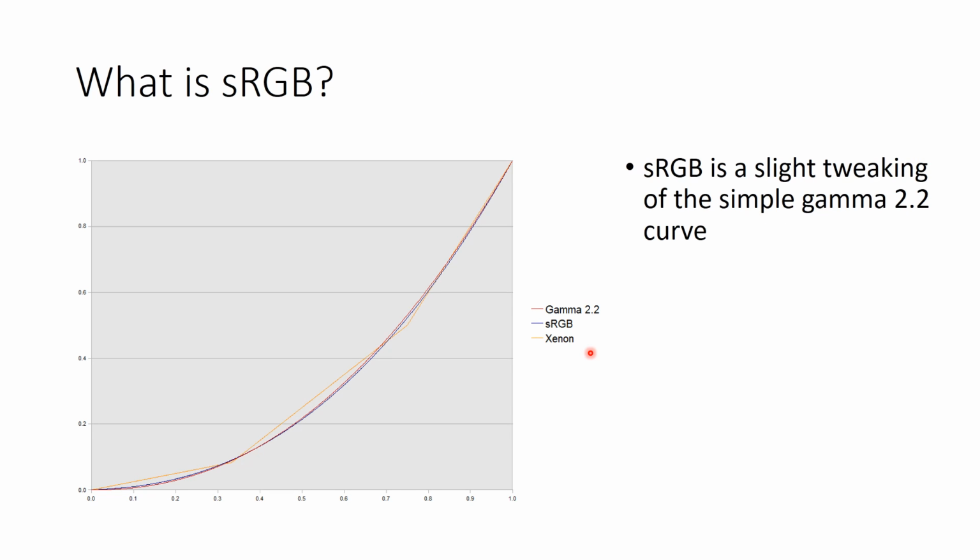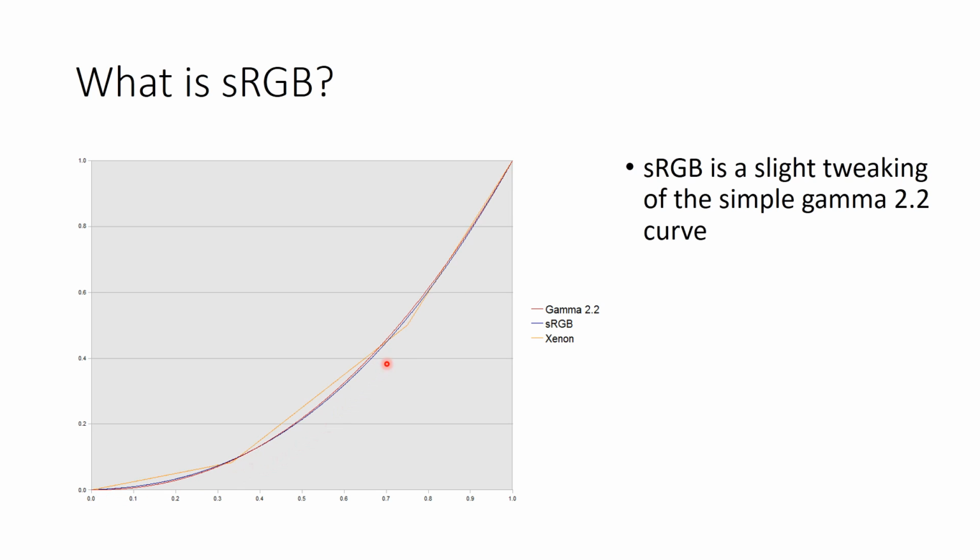What is sRGB? sRGB is a standard RGB format that was created by HP and Microsoft to be used, for example, in monitors, in printers, and in images on the internet. It is pretty similar to the gamma 2.2 curve. You can see in this plot that they are basically the same.